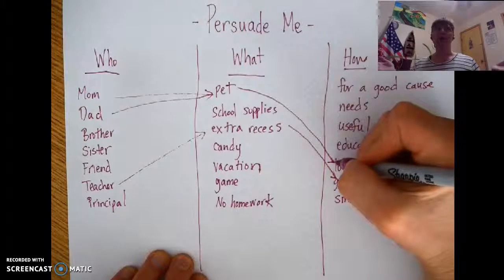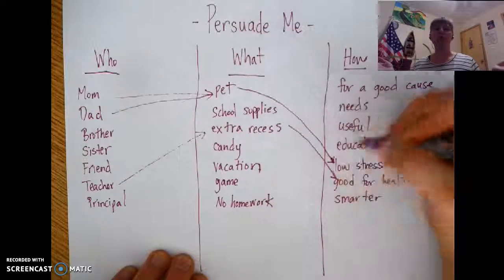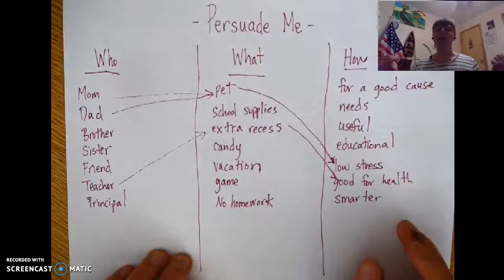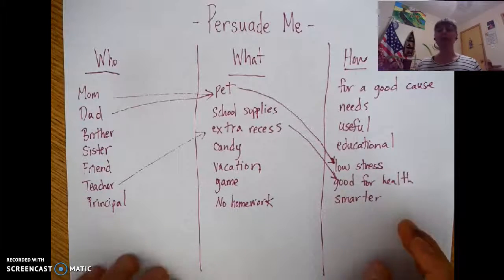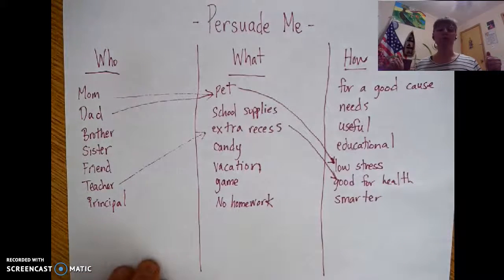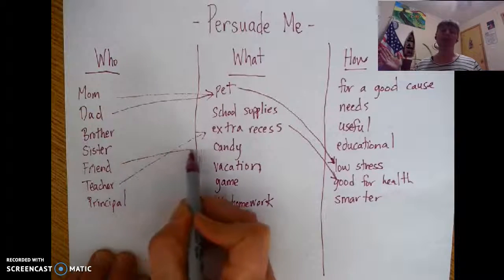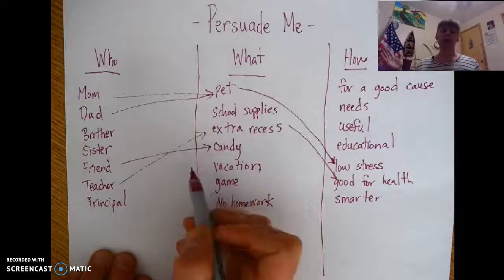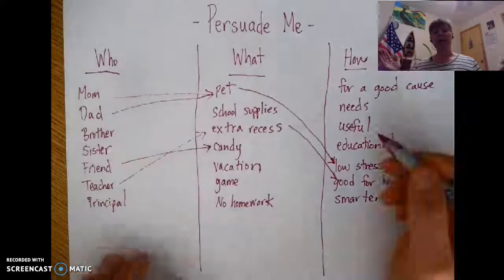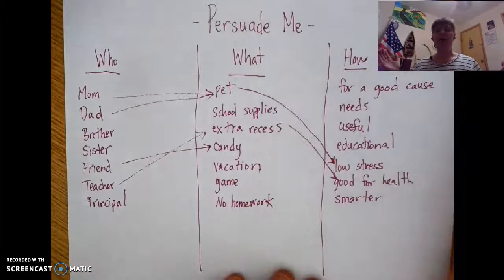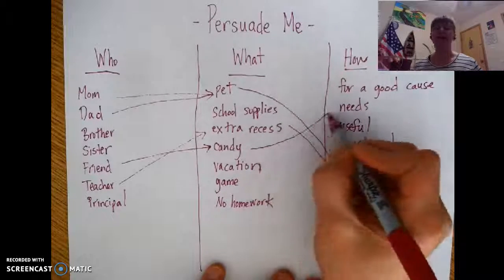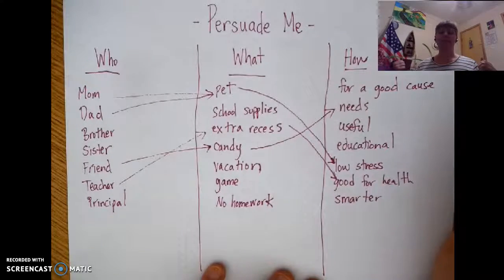They add a lot of stress to a family, but they can also lower your stress if you have a pet and help you relax, okay? Maybe you want to persuade your friend to share their candy with you, and maybe you can somehow convince them that it's a need, that you need this candy, although it's not.